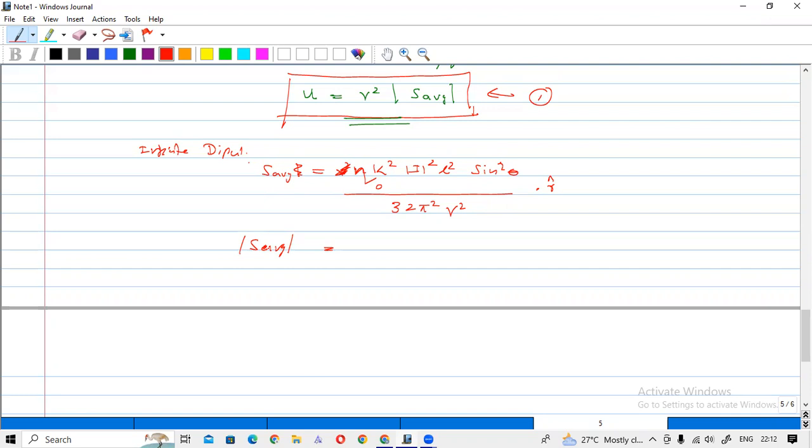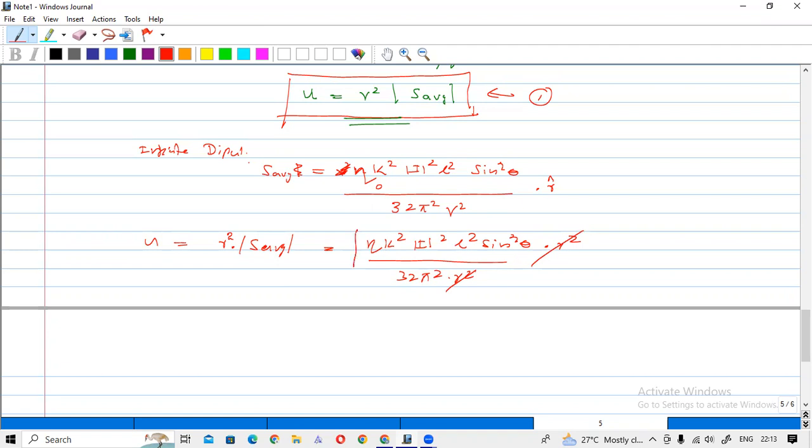So the magnitude of S average will be eta k square I square L square sine square theta divided by 32 pi square r square. If you want to find U, the radiation intensity, you have to multiply this by r square, because U is equal to r square times S_AVG. Then the r square cancels out.